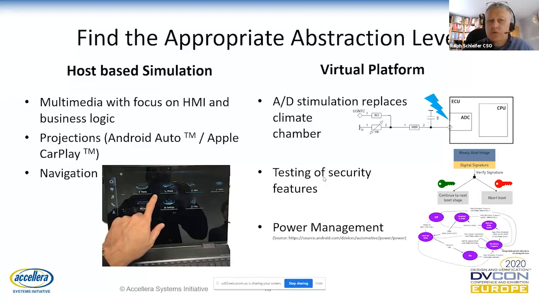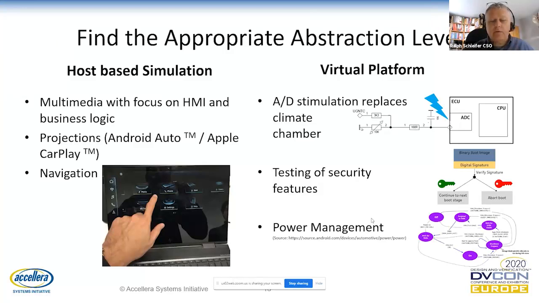I'd like to start with the host-based simulation, so the more abstract thing. If you are about to develop a multimedia application for an in-vehicle infotainment system, you're probably not interested in cycle accuracy, cycle approximate. You don't even need to really run the target binary in the end.